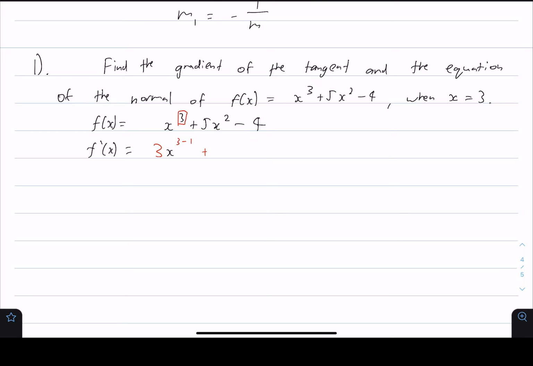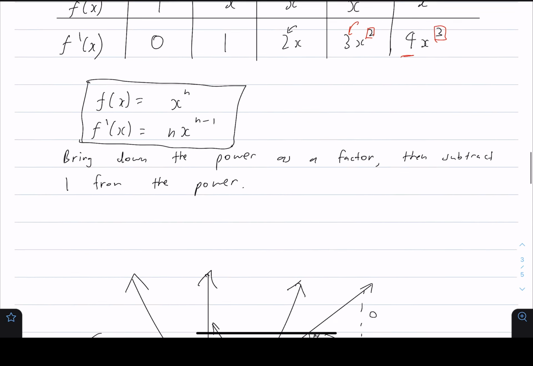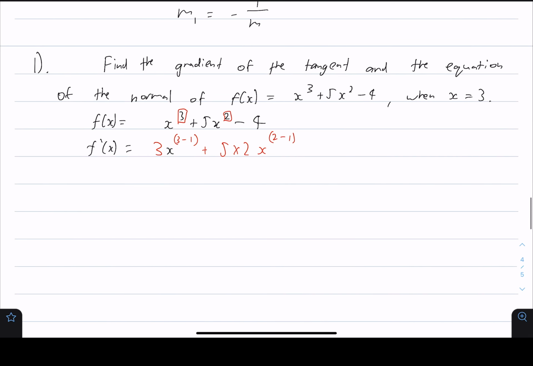Plus, we bring down the power, which is the 2. Since there's already a factor here, we just multiply it with that 5. And x, and the power, subtract 1. The last term is a constant, and the derivative of a constant is 0. Why?